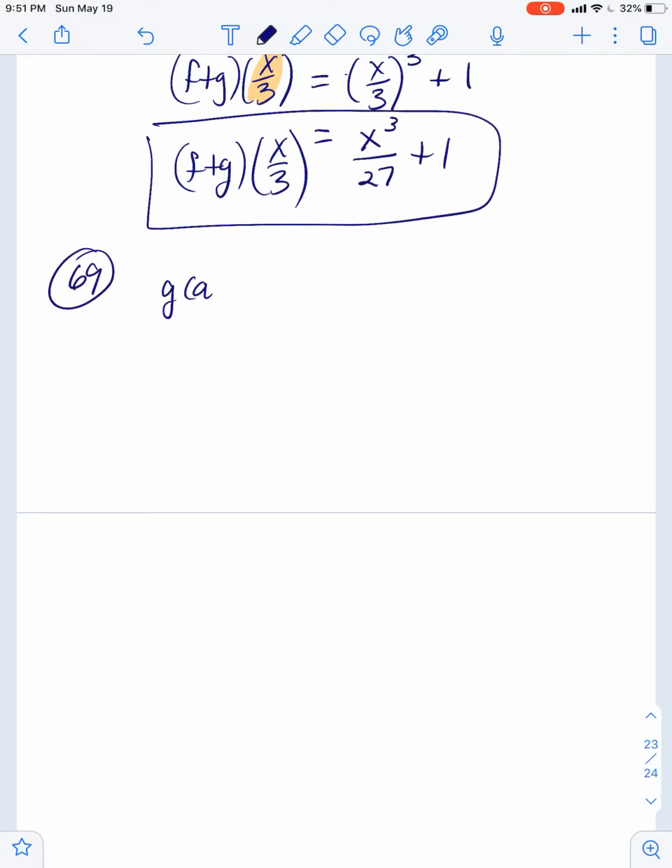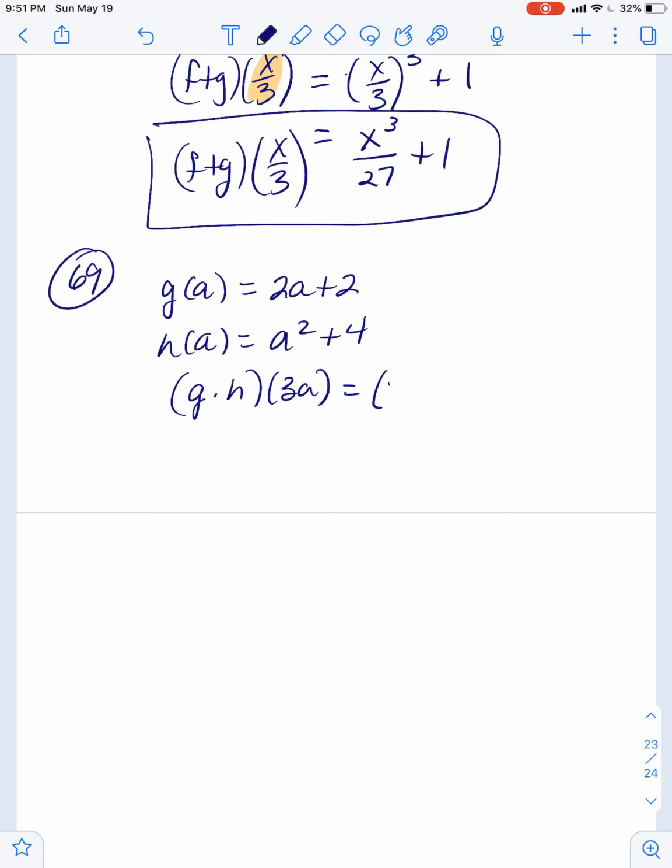G of a equals 2a plus 2. H of a is a squared plus 4. And it says do g times h of 3a. So again, I do my multiplication first. So I'm going to take, and let me just erase this. So that's the rule. So I'm going to come down here. I'm just going to do g times h of a, okay?